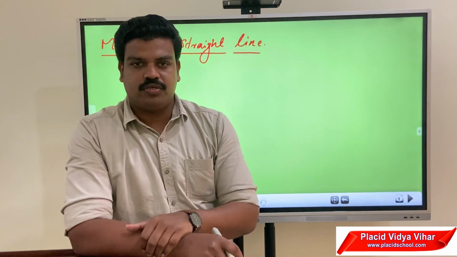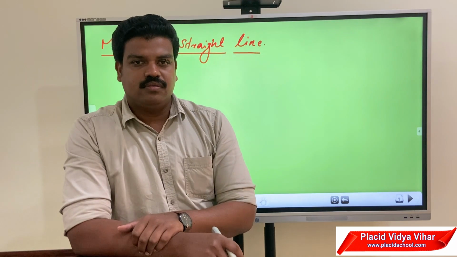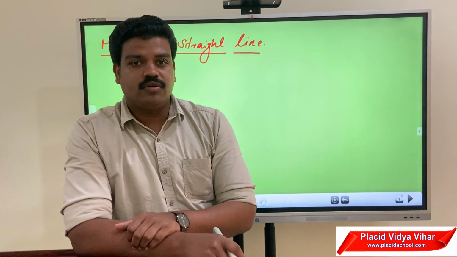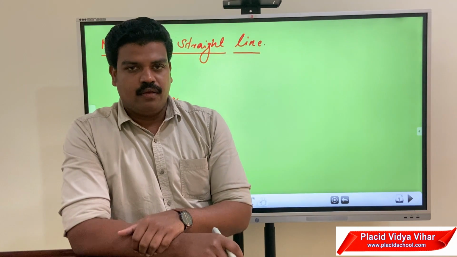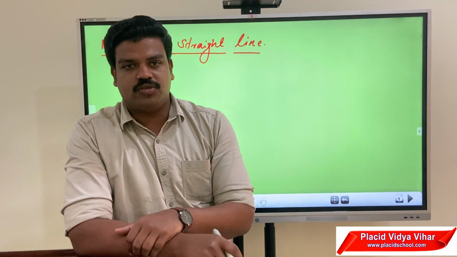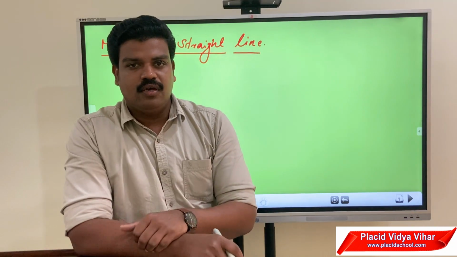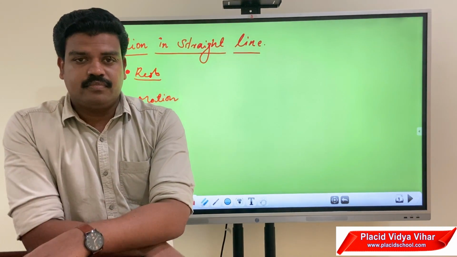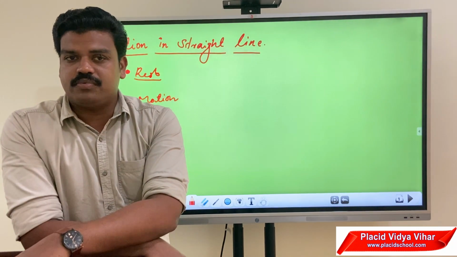So that is in motion. The same things are in motion and at rest relative to the person who is observing. If the person is observing from outside the car, he feels that it is in motion. Like that, we can explain that motion and rest are relative concepts.